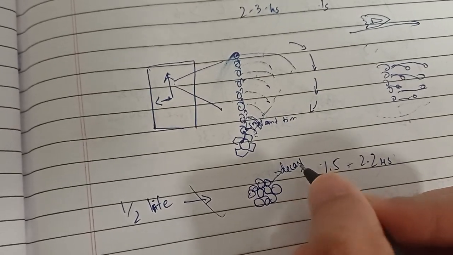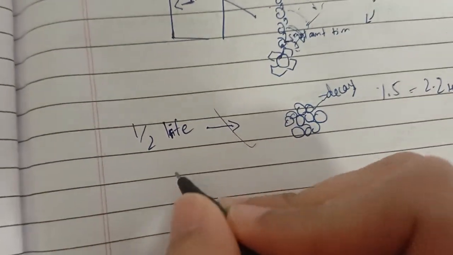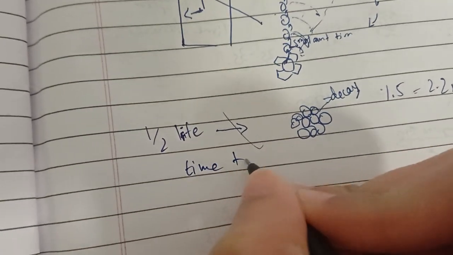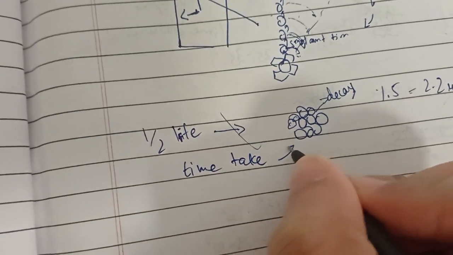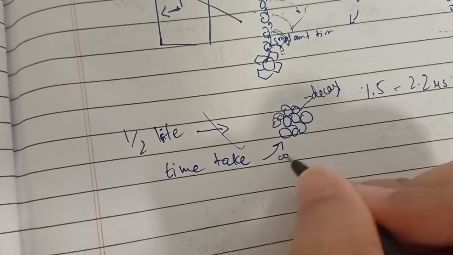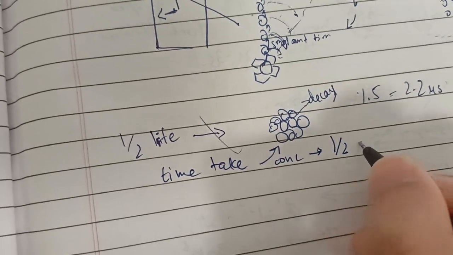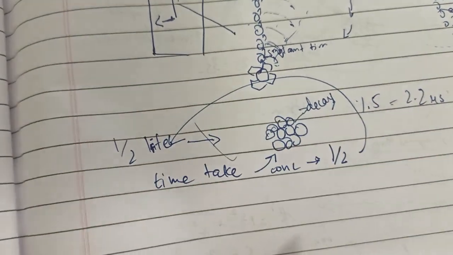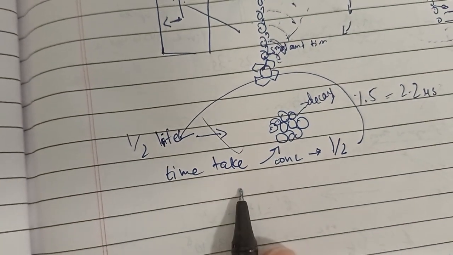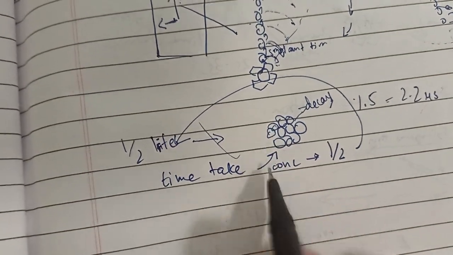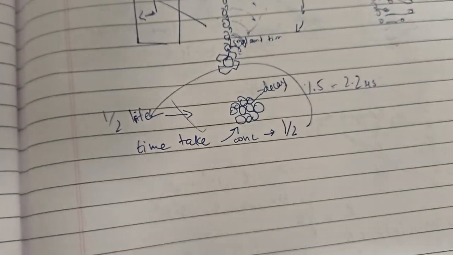I know you guys know what a decay is, but yes. And so the amount of time taken for the concentration of these nuclei to become half is called the half-life. So half-life is basically the time taken for something to become half of its own concentration, right?